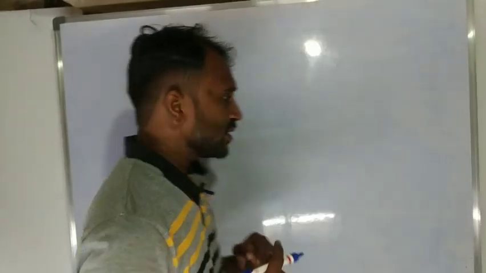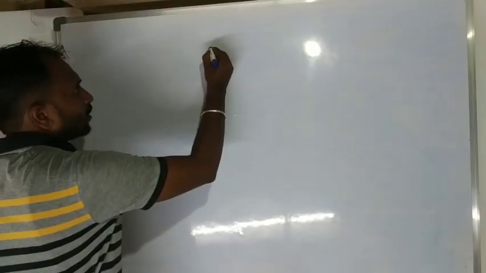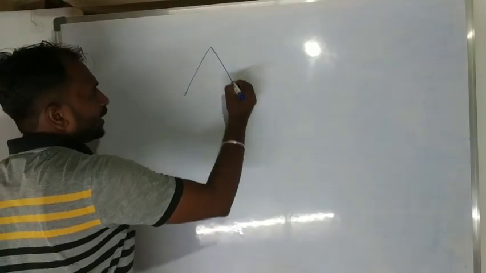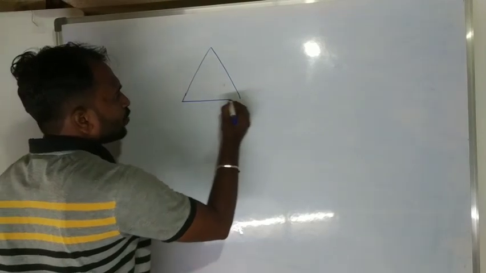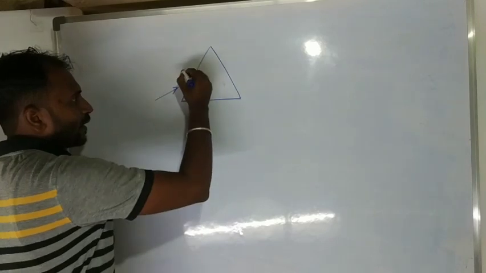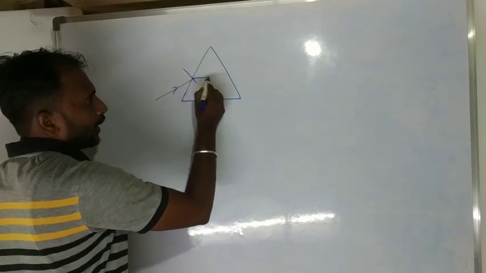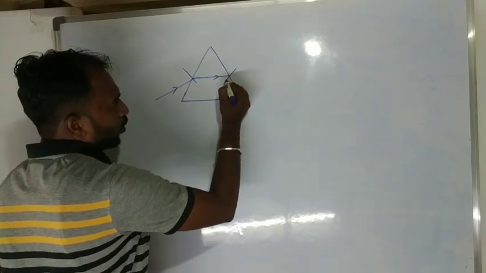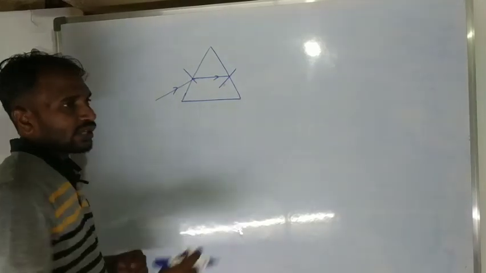Whenever light passes through the prism, here is the incident ray and a normal, a refracted ray and a normal, and then we get an emergent ray.